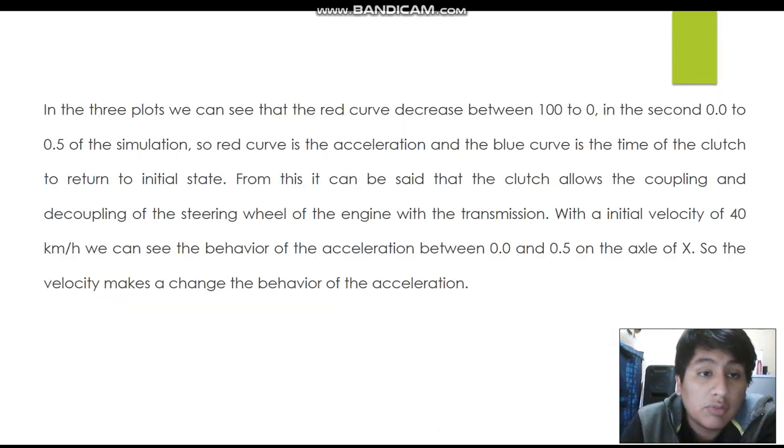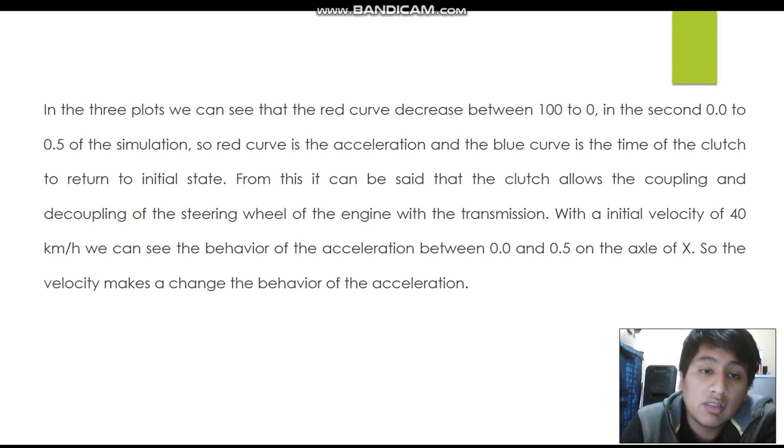In the three plots, we can see that the red curve decreases from 100 to 0 between 0.0 and 0.5 seconds of the simulation. So the red curve is the acceleration and the blue curve is the time for the clutch to return to its initial state.